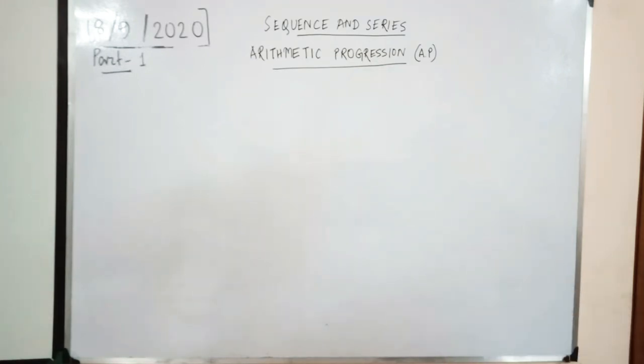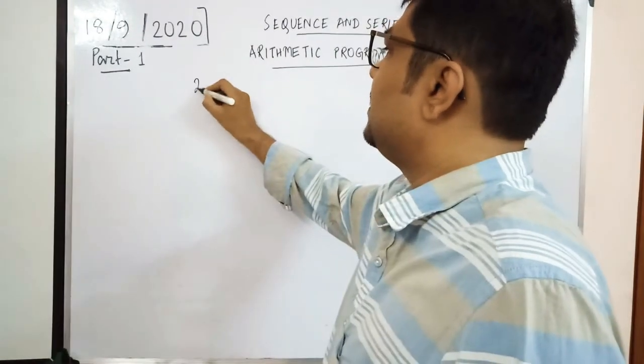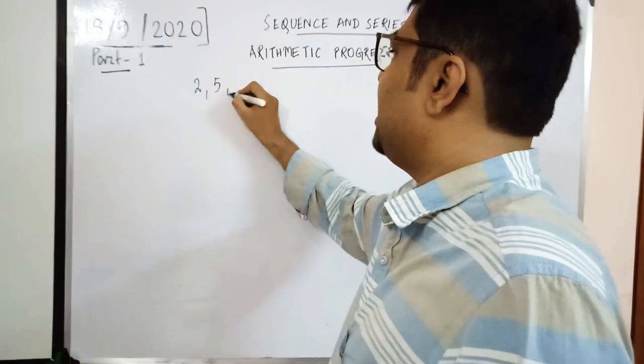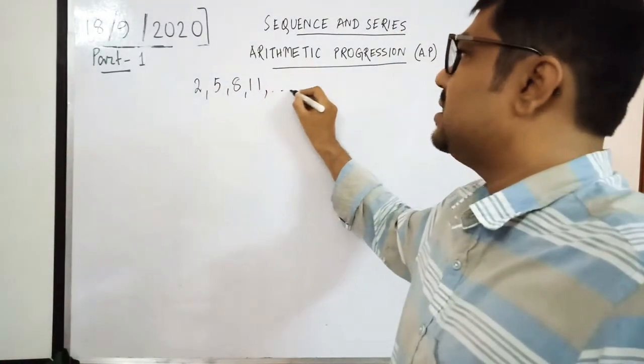So, let's see what an arithmetic progression is. If we get some numbers like this, say 2, 5, 8, then 11, you can always predict the next number.